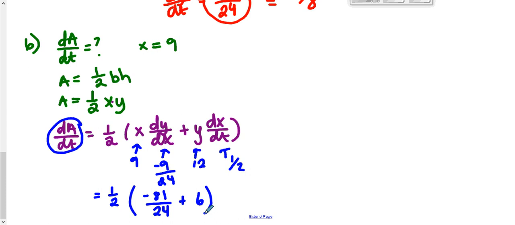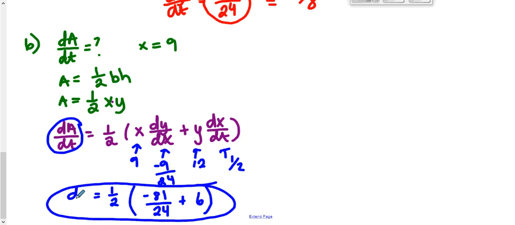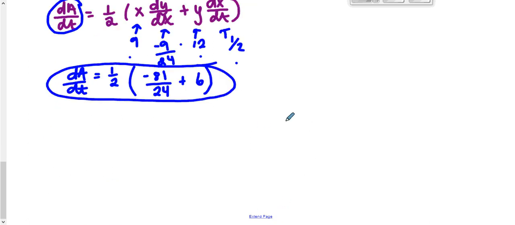Honestly, for an FRQ, here's dA/dt. Just stop here. Once you've plugged the numbers in, you could even not multiply these things together if you wanted to. Just stop there. If you really wanted to, you could combine these things.